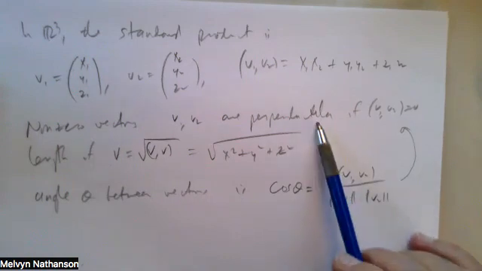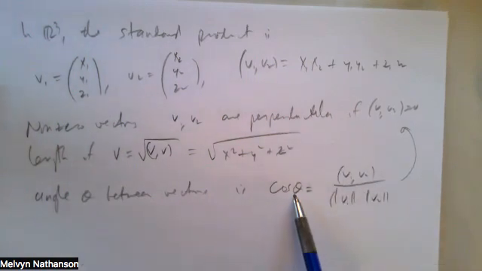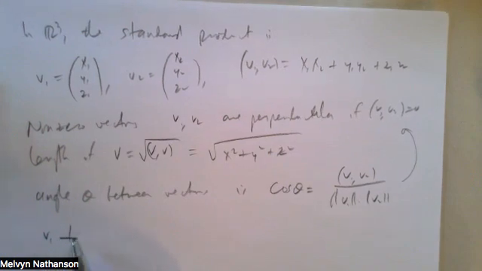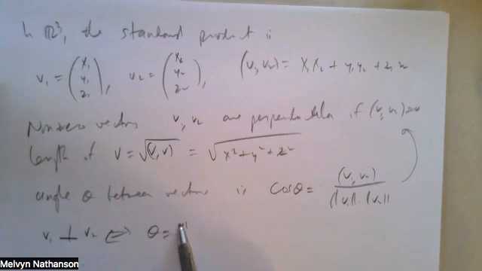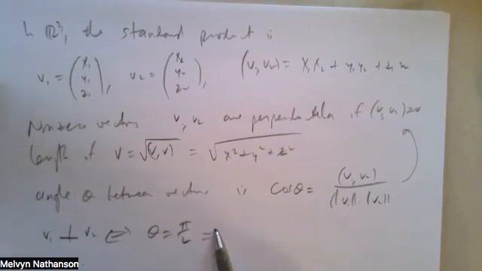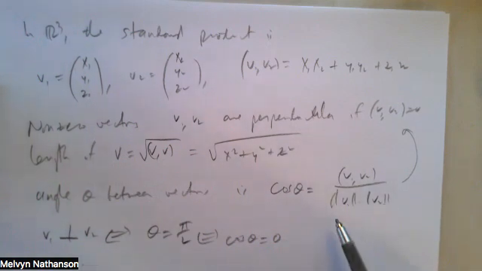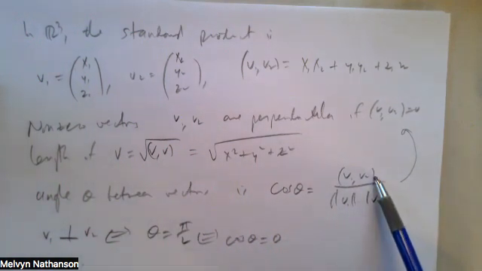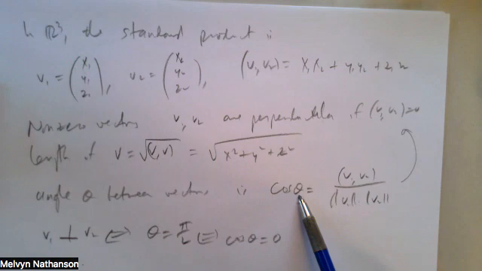immediately implies the perpendicular condition, because two vectors V1 and V2 are perpendicular if and only if the angle between them is pi over 2 radians, which means the cosine of the angle is 0. So if the inner product is 0, the cosine is 0, so the angle between the vectors is pi over 2, and they're perpendicular.